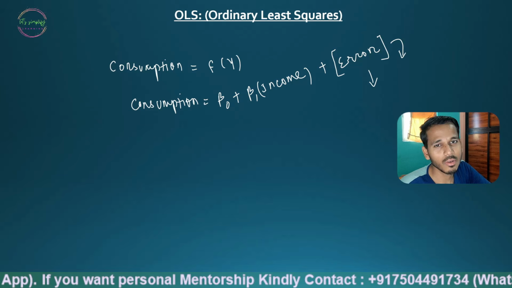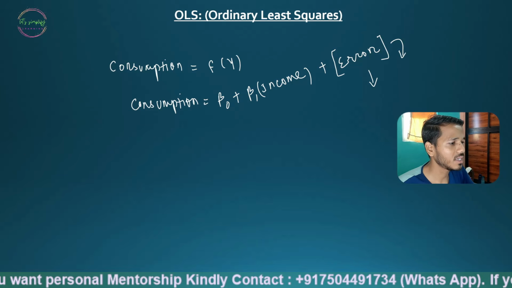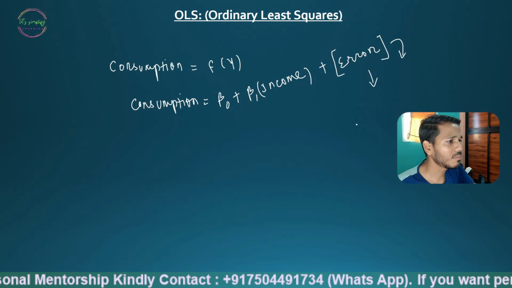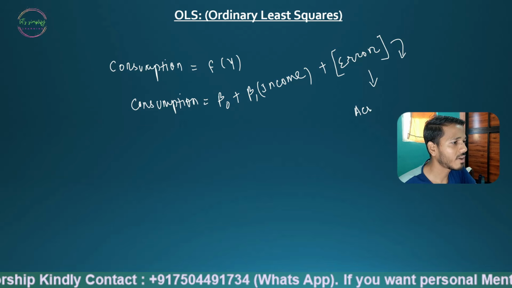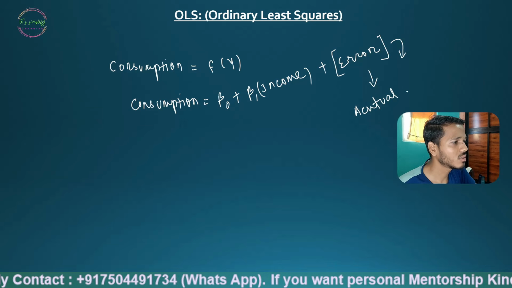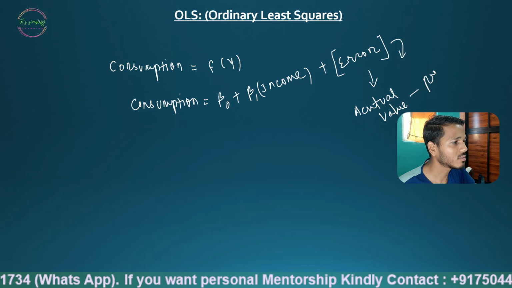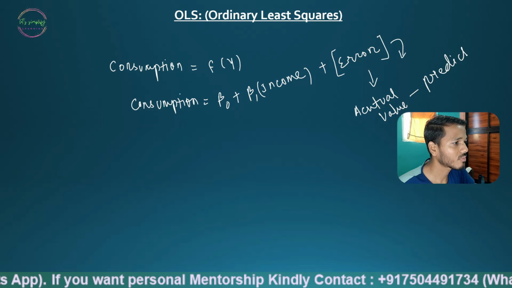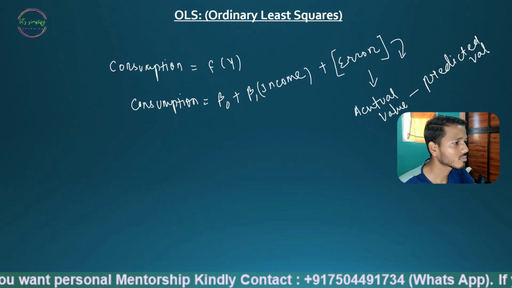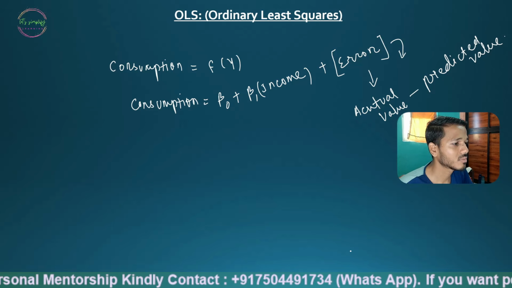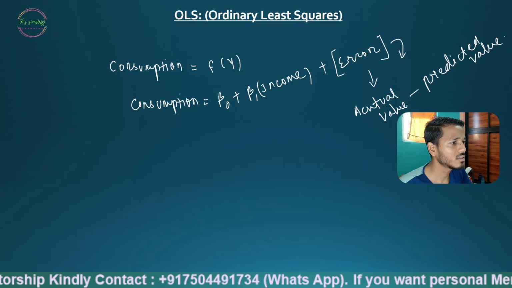Error is equal to actual value minus predicted value. So simply, this error term is defined as the actual value minus the predicted value.